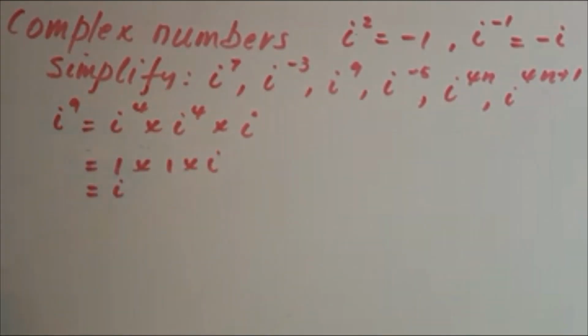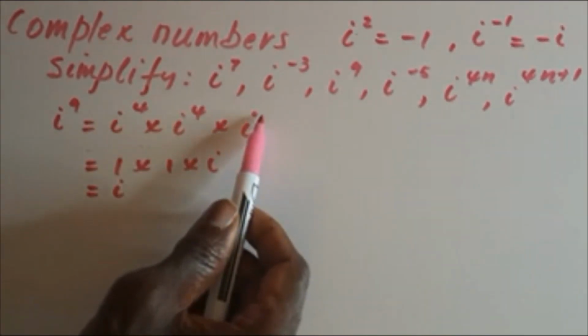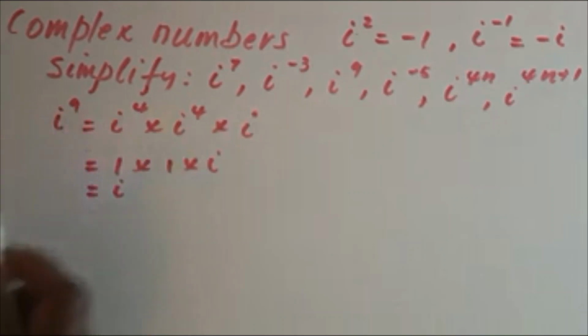We add the indices: 4 add 4, and this index is 1, will give us I to the 9th.